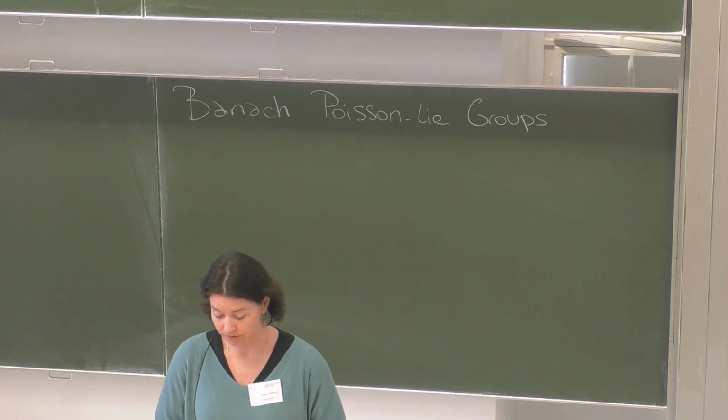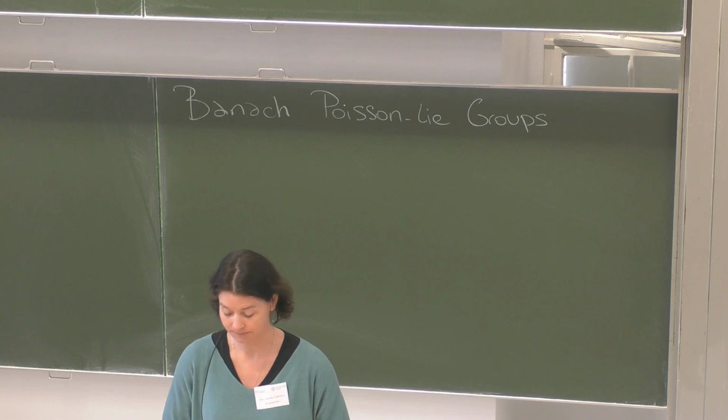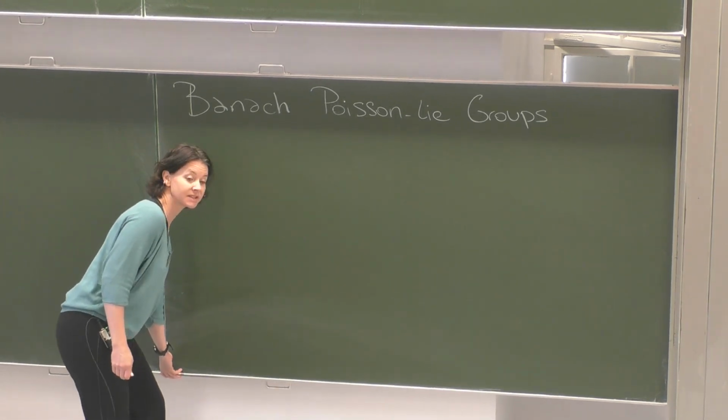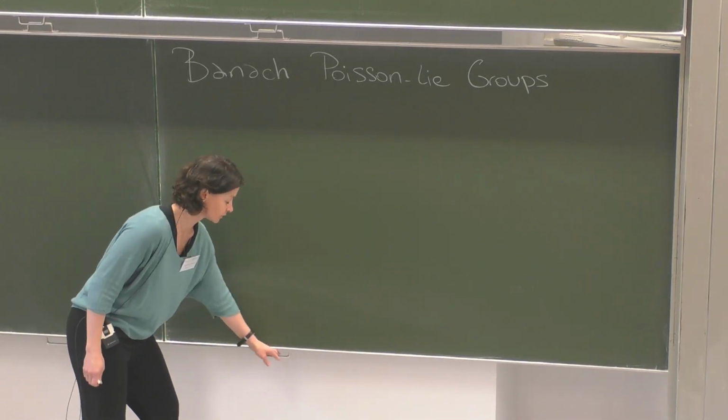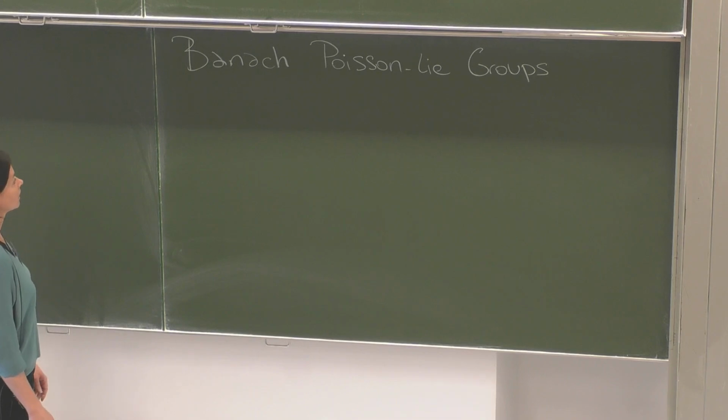Let me start with the finite dimensional Poisson manifold, the definition. And then we will go to infinite dimension, and we will see some difficulties, some subtleties of the theory in this case.